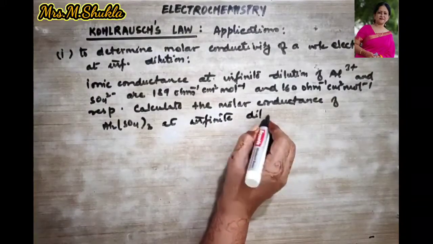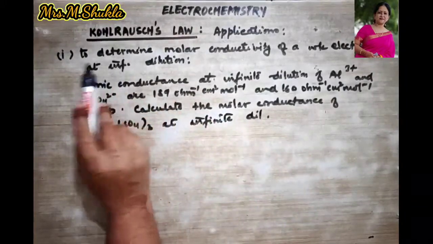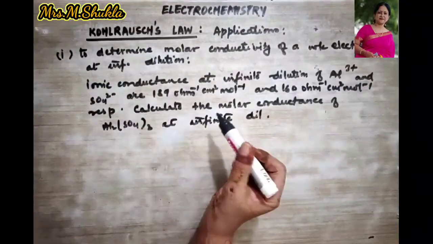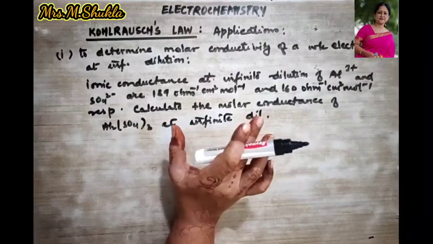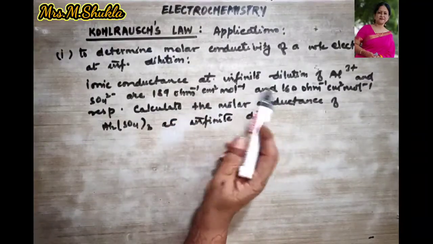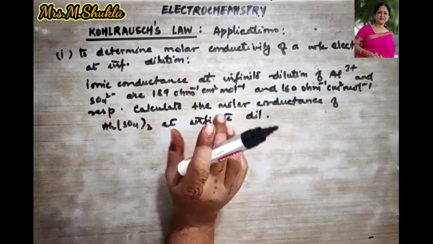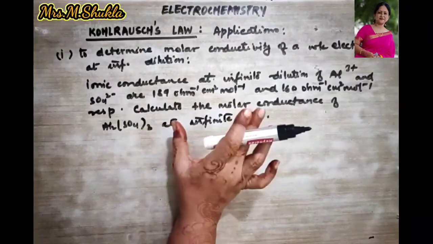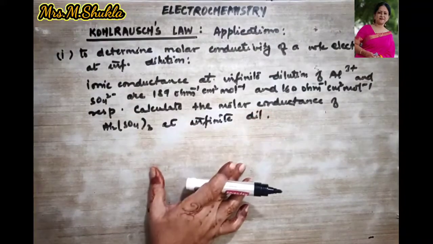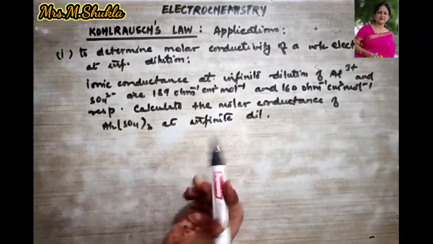So, to determine the molar conductivity of a weak electrolyte at infinite dilution, if the conductance of the ionizable cation and anion at infinite dilution is given, then we directly use the formula.